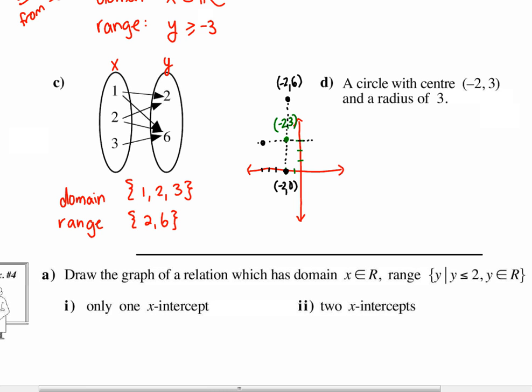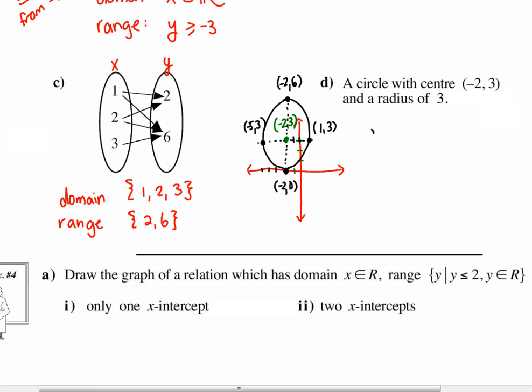So -5 and 3. Yeah, and then 3 to the right. 1, 2. You'd land at 1 and 3. So that would be your circle. Sort of looks like it. It's not very circular.